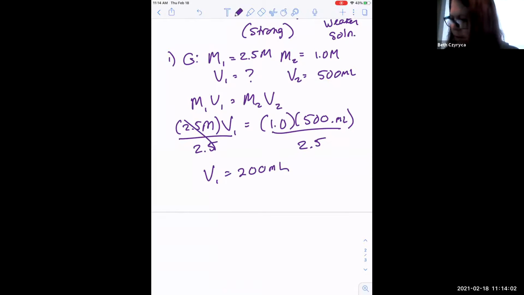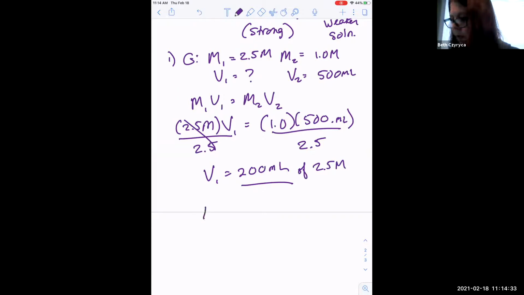So the question is, how much stock solution, how much of the strong solution that had a molarity of 2.5, how much of that, 200 is the amount of that, do we need to dilute in order to end up with 500 milliliters of a weaker solution, the 1.0 molar solution? We need 200 milliliters of the 2.5 molar solution.